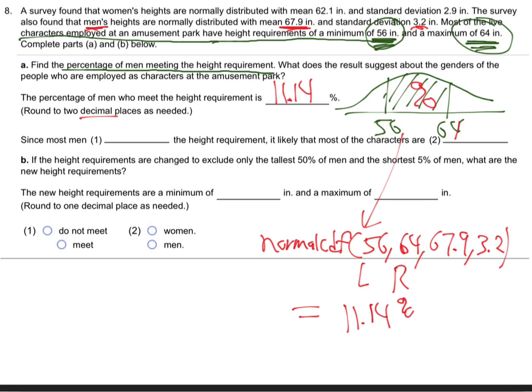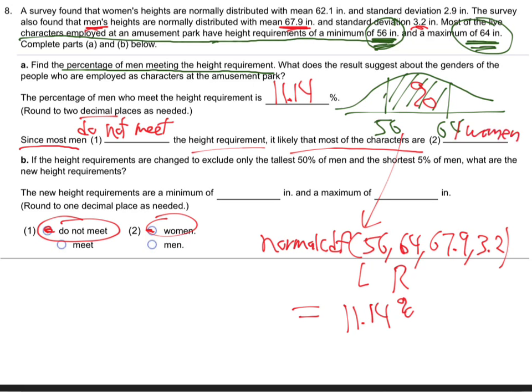So that's why we're only saying only 11% of men would be able to be in those costumes. Okay, now let's answer the question. Since most men do not meet the height requirement, it is likely that most of the characters that you see in the costumes are women, right? Probably they're mostly women. Makes sense statistically.